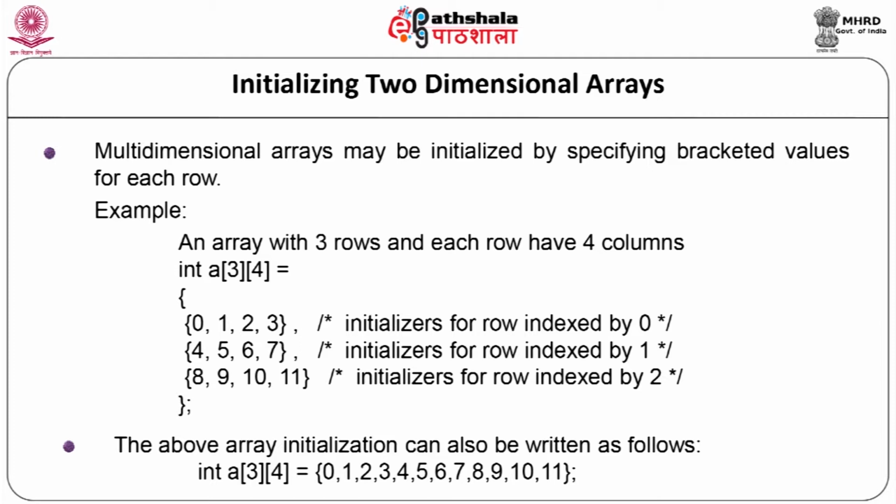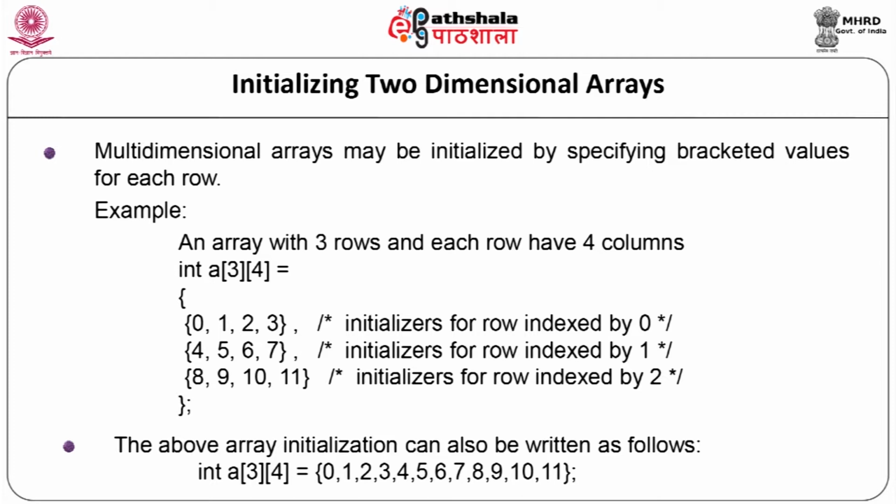[4] = and we will start with our initialization, so a main curly bracket. Now inside this, for each row we will have a curly braces pair. The first row will have the values 0, 1, 2, 3, the second row will have the values 4, 5, 6, 7, and the third row will have the values 8, 9, 10, 11, and our initialization will end.